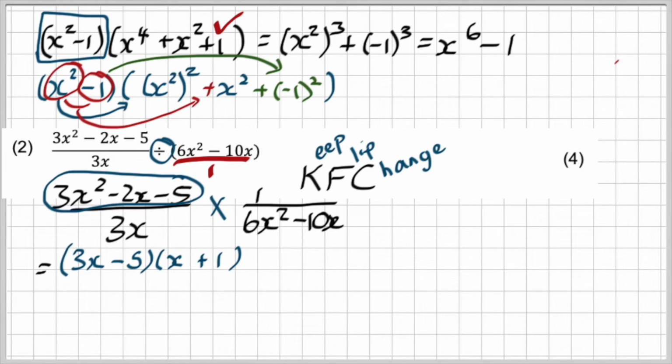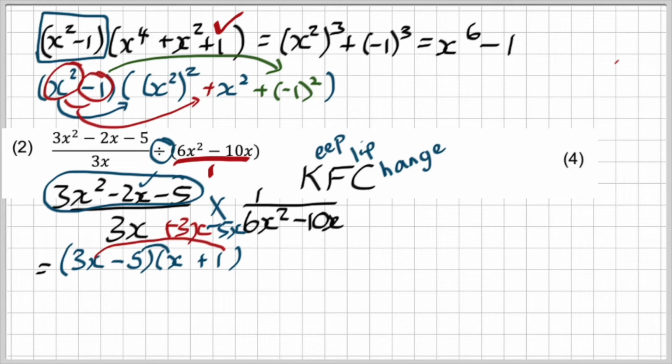Now it's always good to check whether it's right. Okay, 3x times 1 is 3x and negative 5 times x is negative 5x. If I add it together, does that give me negative 2x? Yes. So I know I'm right.